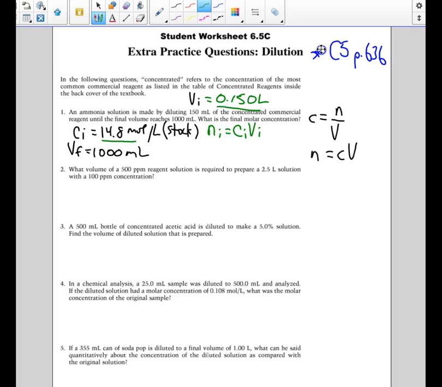And that number of moles gets put into that final 1,000 milliliter volumetric flask, and so that number of moles is equal to the final. And so concentration final is just going to be equal to the number of moles final divided by the volume final. The volume final is 1,000, and the number of moles final is the number of moles initial because it hasn't changed. You just transfer that over.